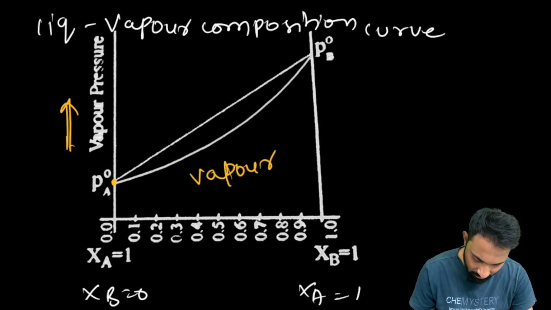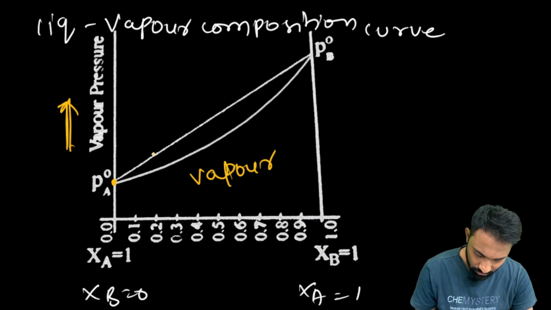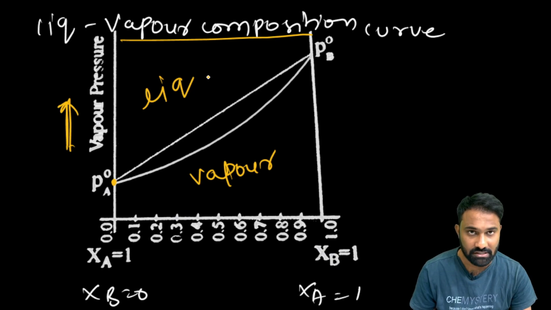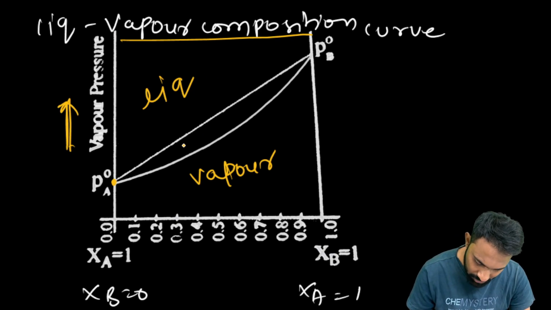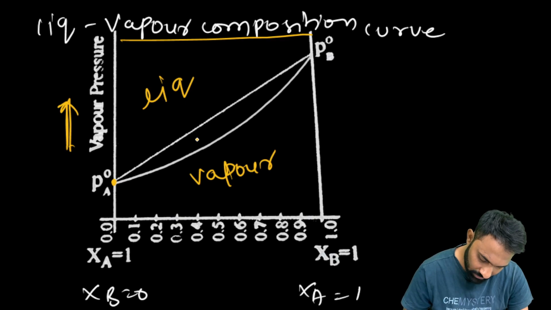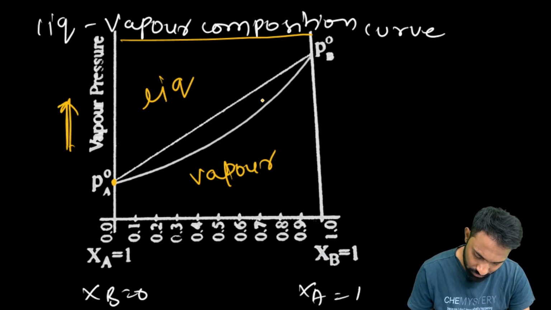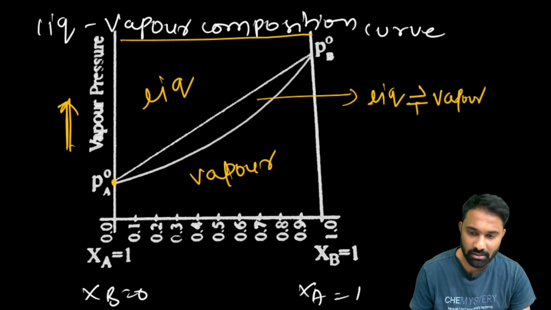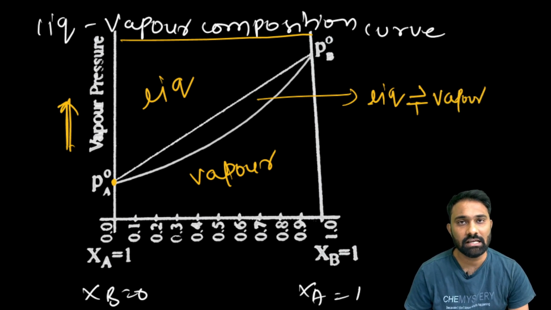Now as the vapor pressure is increasing, that composition of vapor will change to liquid. Here entirely it will be in the liquid phase, here entirely it is in the gaseous phase. Means in between these two, what will be there? In between these two, liquid and vapor are in equilibrium. Is it clear up to now?